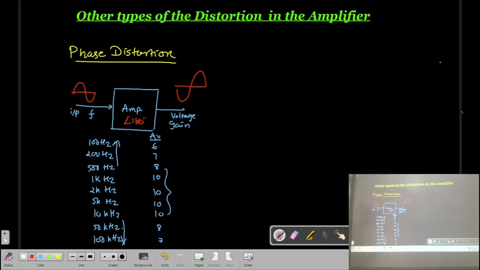But this phase does not remain the same for all the frequency. Only for a particular range is the phase difference 180 degree. For the rest of the frequency, the phase is different, and that is called a phase distortion. Phase distortion is also sometimes known as a delay distortion.